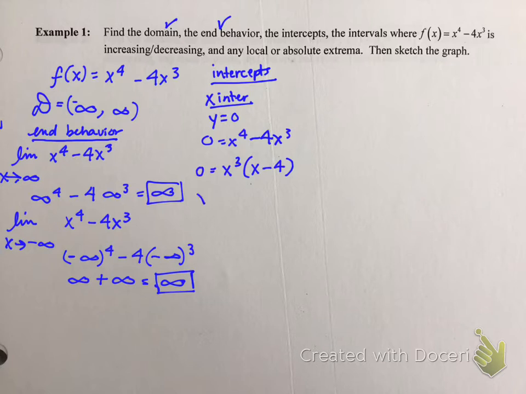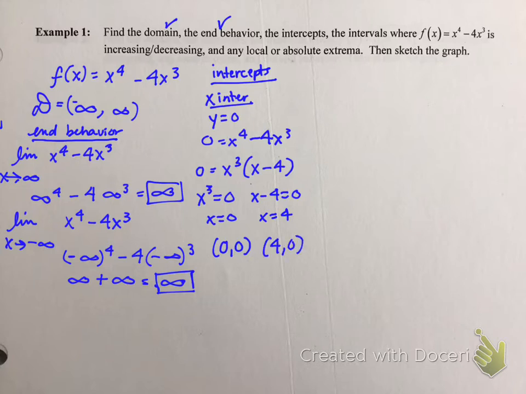And I set that equal to 0, so x cubed equals 0, and also x minus 4 equals 0. So x equals 0 and x also equals 4. So this particular graph is going to cross the x-axis at 0, 0, and then it's going to cross it again at 4, 0.